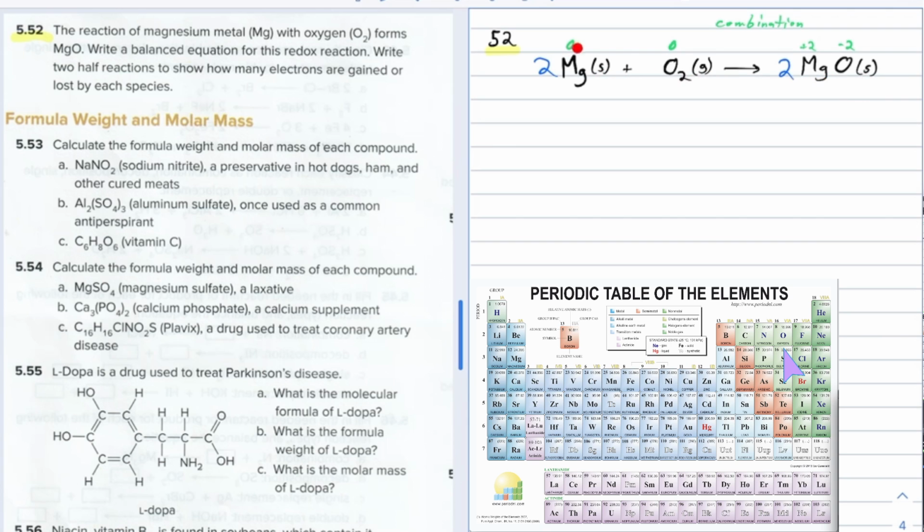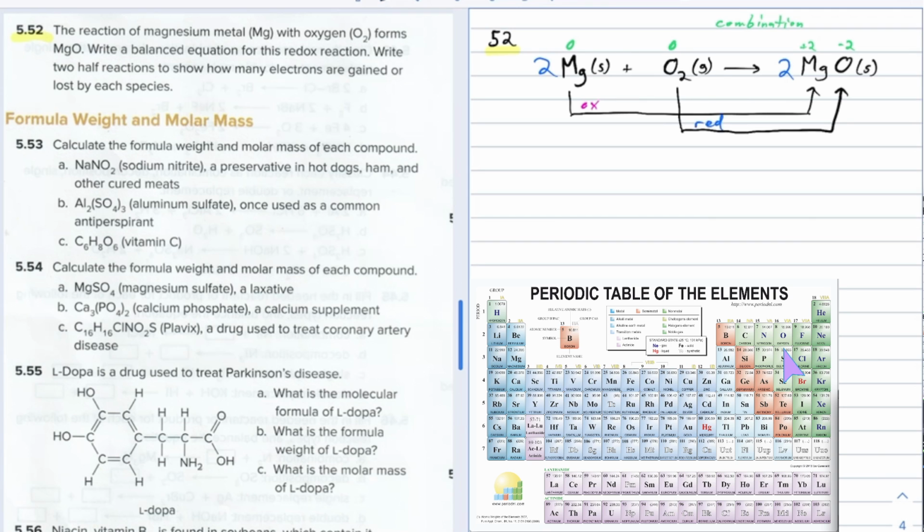But after you've labeled the charges, you can see who's being oxidized. The magnesium starts off as neutral, and it goes up to +2. So that's where oxidation is occurring. This is the particle that's being oxidized. And the oxygen is being reduced.